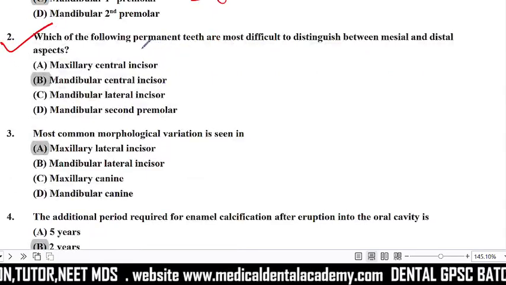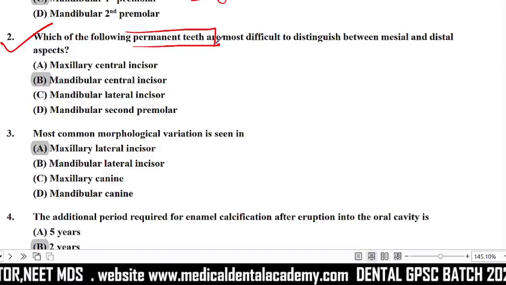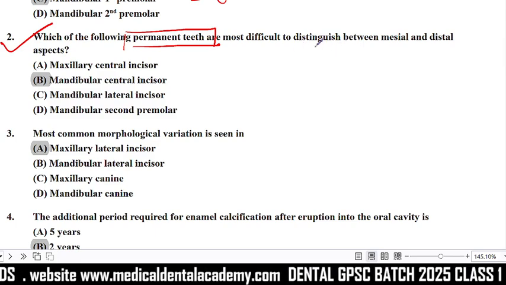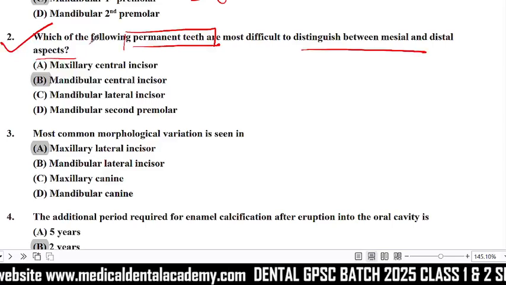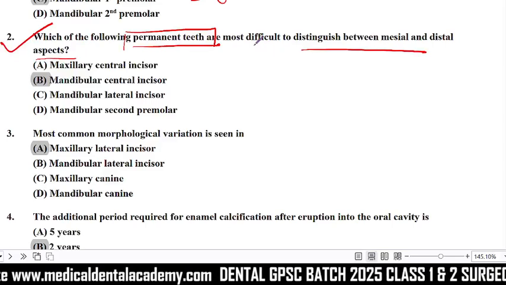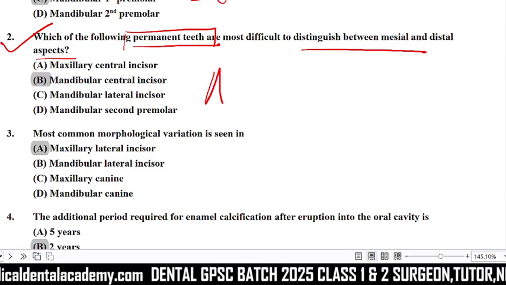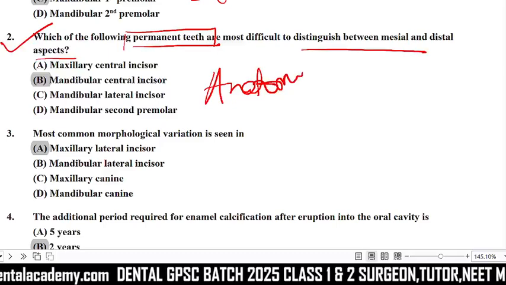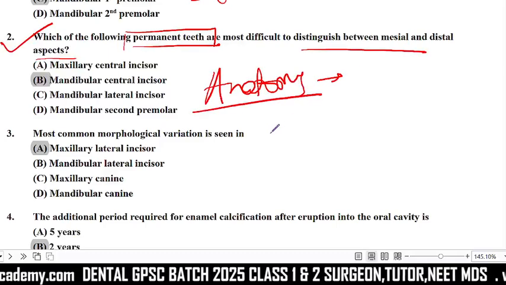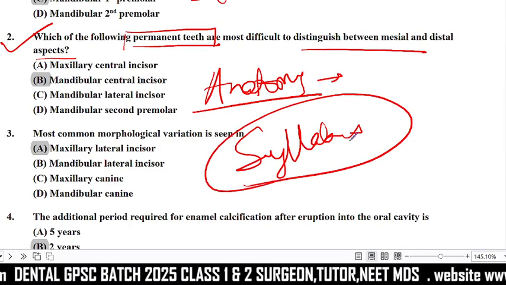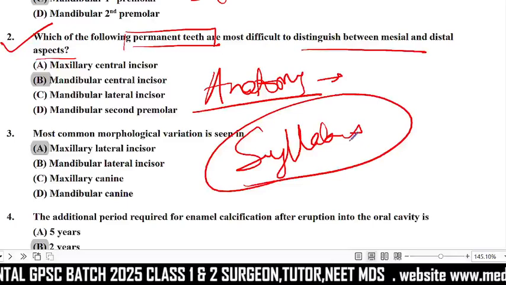Okay. Now, second question: which of the following permanent teeth is most difficult to distinguish between mesial and distal aspects? Okay, so same, it is a DADH question as well as anatomy. Now they are already giving you the syllabus in your exam pattern.